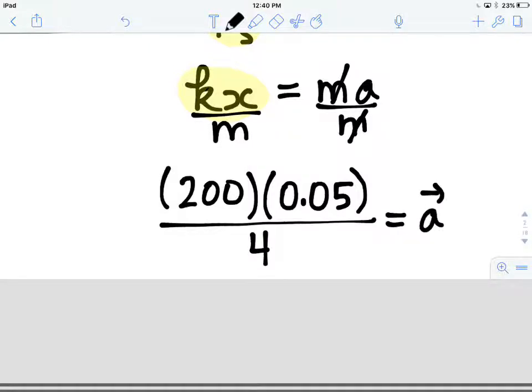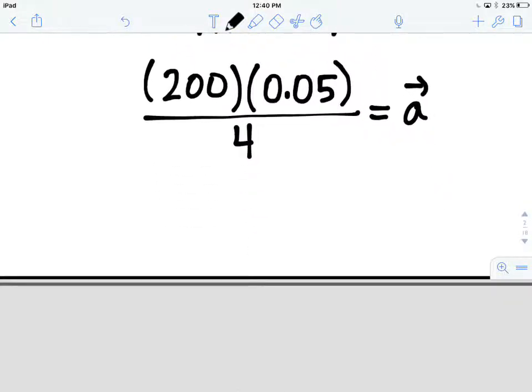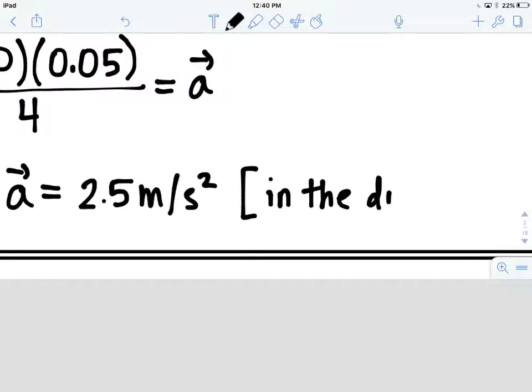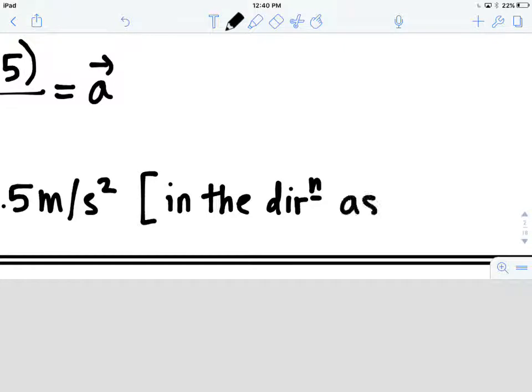This is equal to the acceleration. And when we do this, we get the acceleration is equal to 2.5 meters per second squared, and the direction would be in the same direction as the spring force.